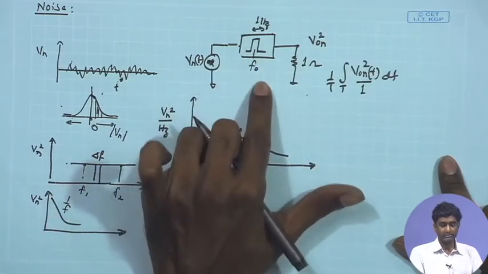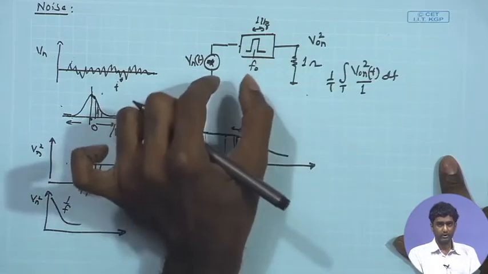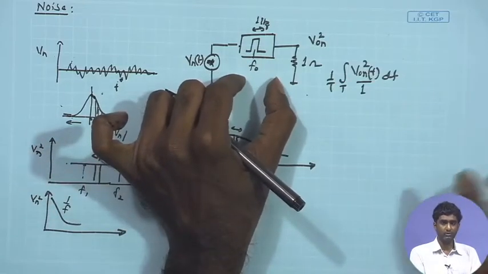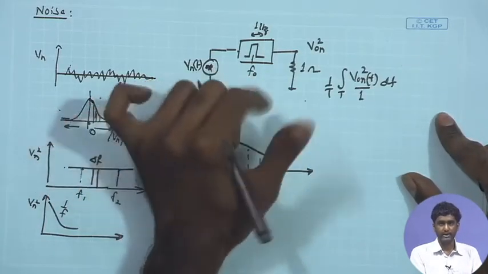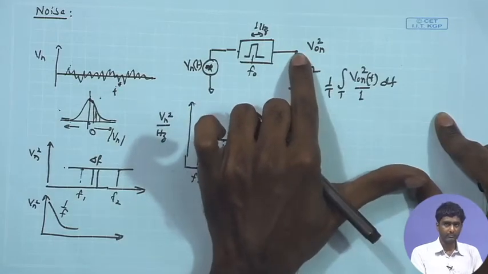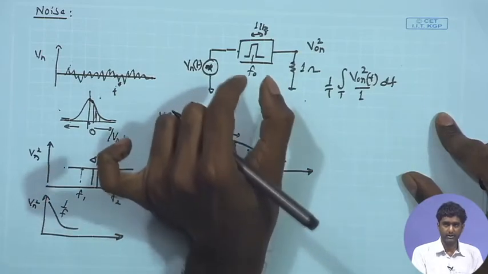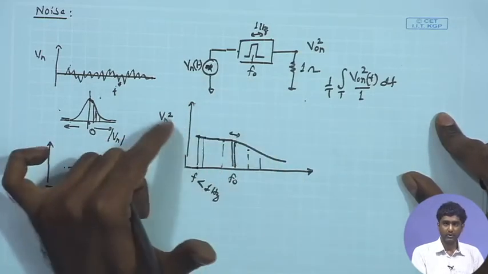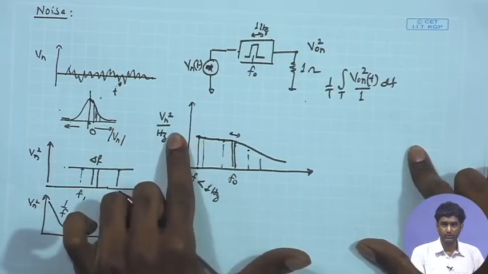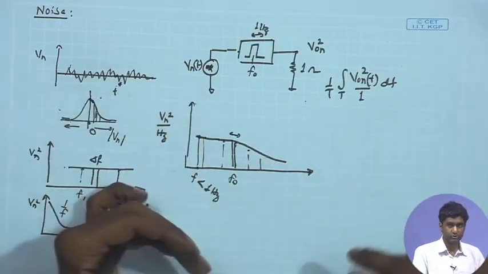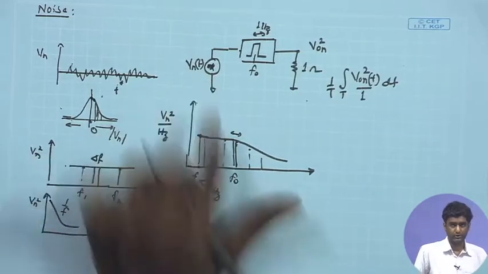So, for obtaining the spectral density for frequencies lower than 1 hertz, this conceptual filter will have a bandwidth of 0.01 hertz, and I will keep shifting it in small steps, say 0.01 hertz, and within that I will get the power delivered and divide it by that bandwidth delta B of 0.01 hertz to get the power delivered per unit hertz, or Vn square per hertz. So, that is how I can take care of lower frequencies. This is how conceptually we can arrive at the noise spectral density of the particular noise source.